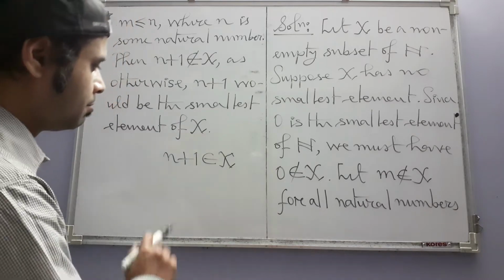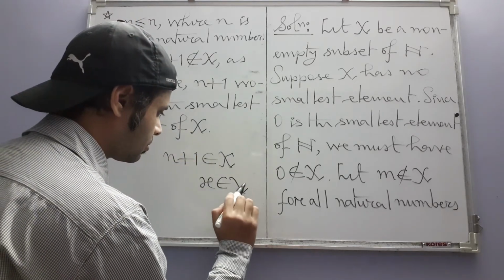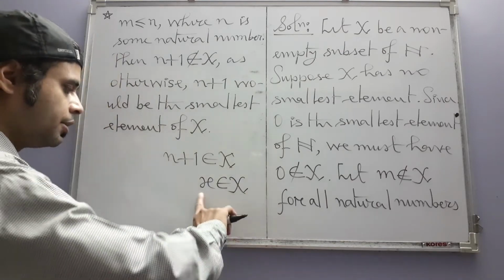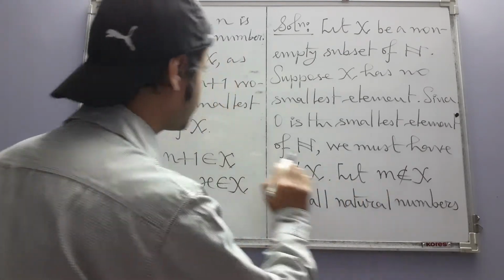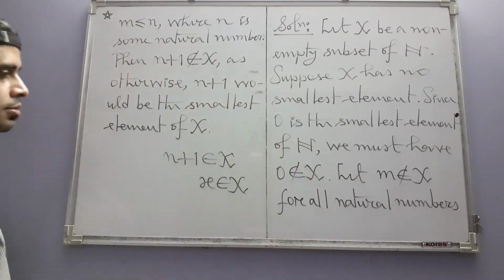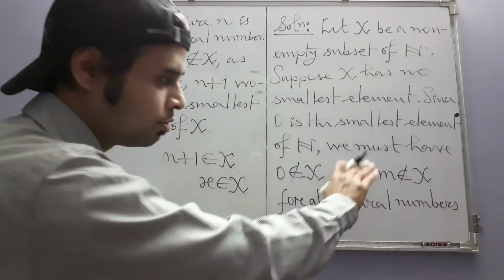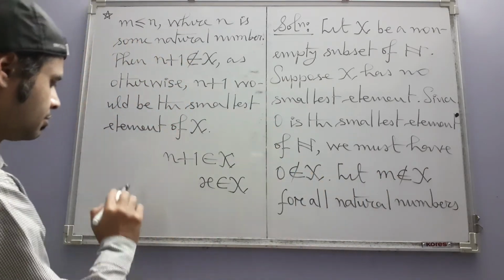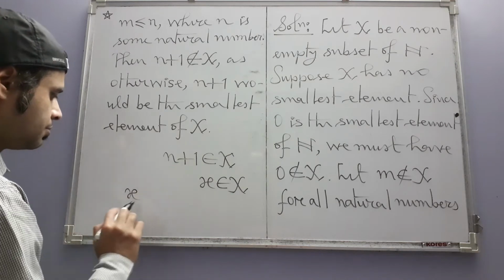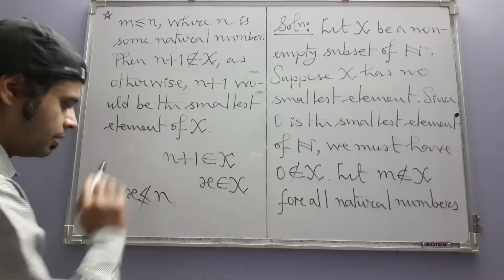Why? Because you take any element in X, this element cannot be from among these m's, because according to our hypothesis, none of those m's belongs to X. So that means x is not less than or equal to n.